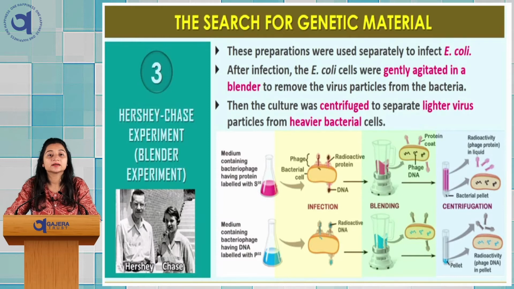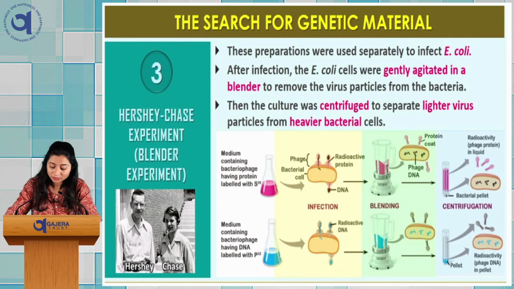This culture was then centrifuged. Now, as you are aware, in centrifugation, things get separated on the basis of size. So, virus being the lightweight one was found in the upper region, and bacteria being the heavier one was collected in the sediment. These two were then isolated and analyzed.